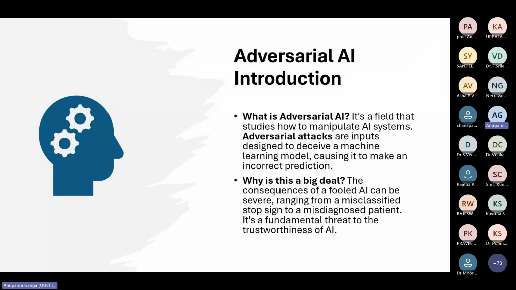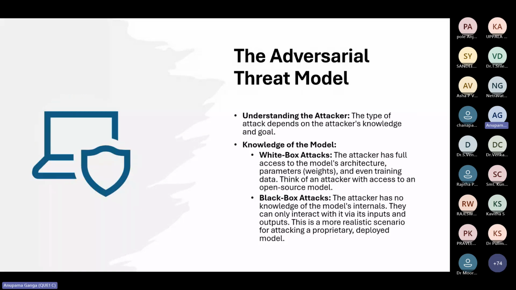So that's why we have to be very careful with these adversarial AI attacks, and we have to protect our LLMs and make them foolproof. Okay, so that's what we'll try to understand going forward.